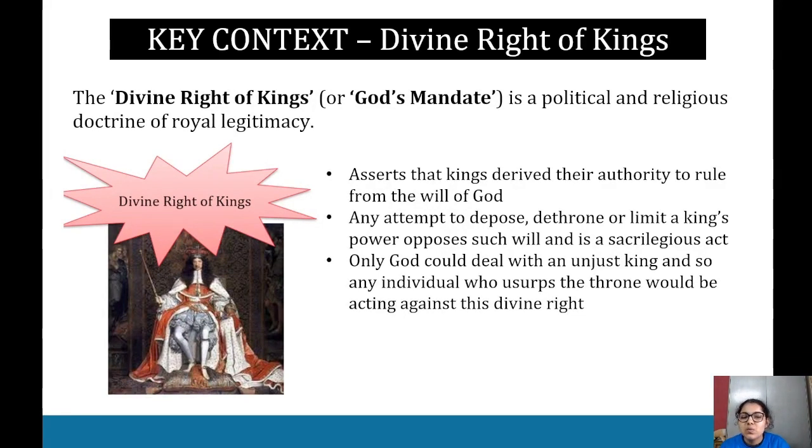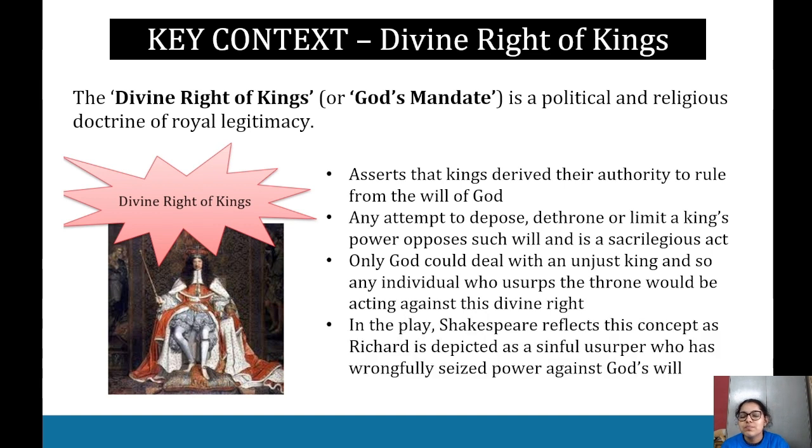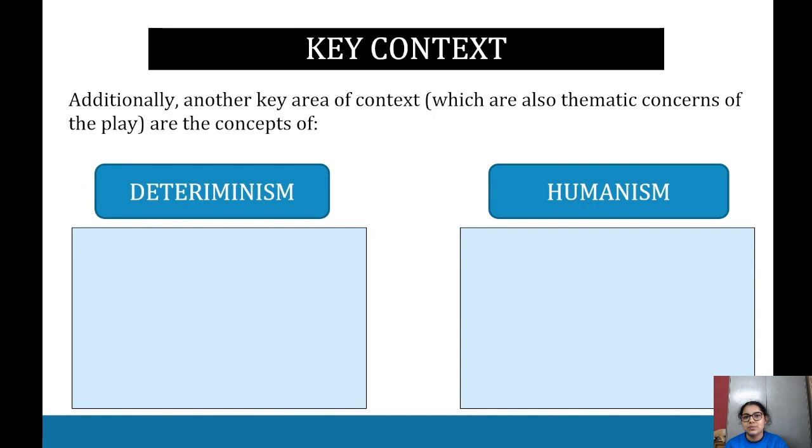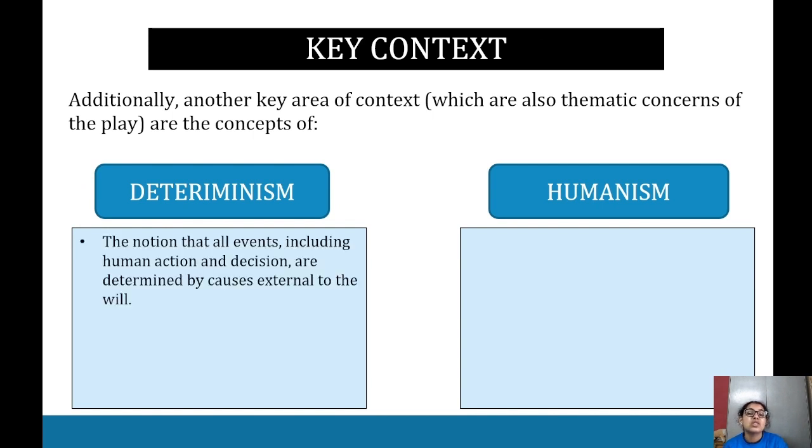Only God could deal with an unjust king, so any individual who usurps the throne would be acting against this divine right, which Richard does. He acts against the divine right, and then Shakespeare shows him getting what he sowed. In the play, Shakespeare reflects this concept as Richard is depicted as a sinful usurper who has wrongfully seized the power against God's will.